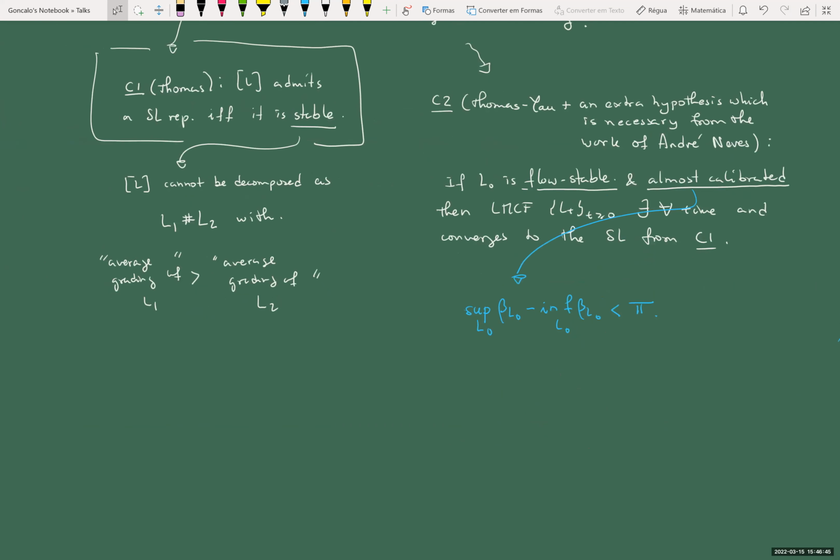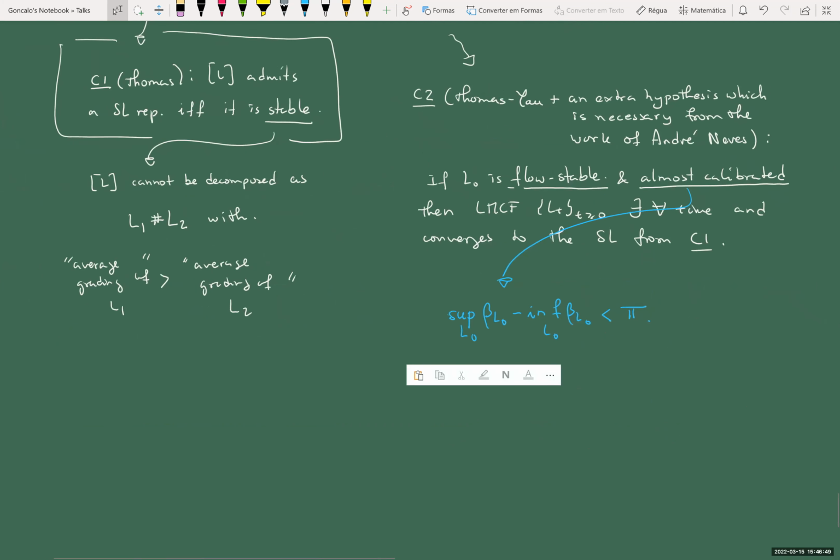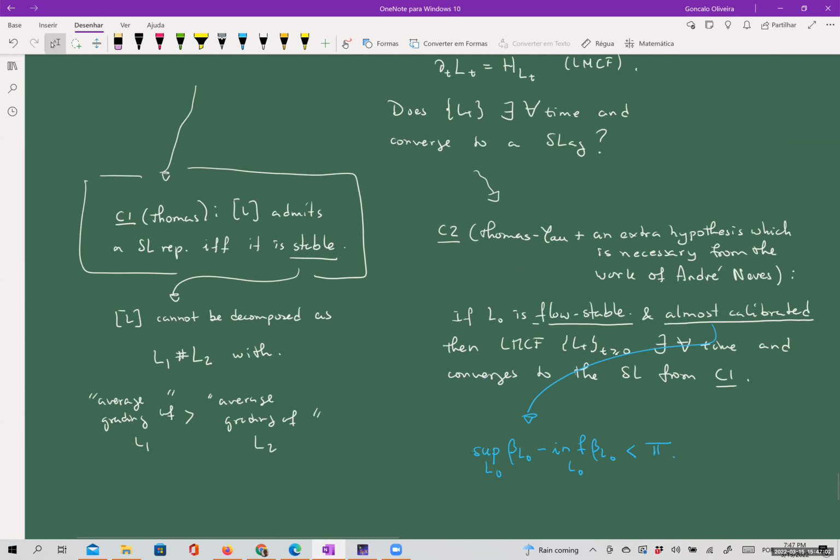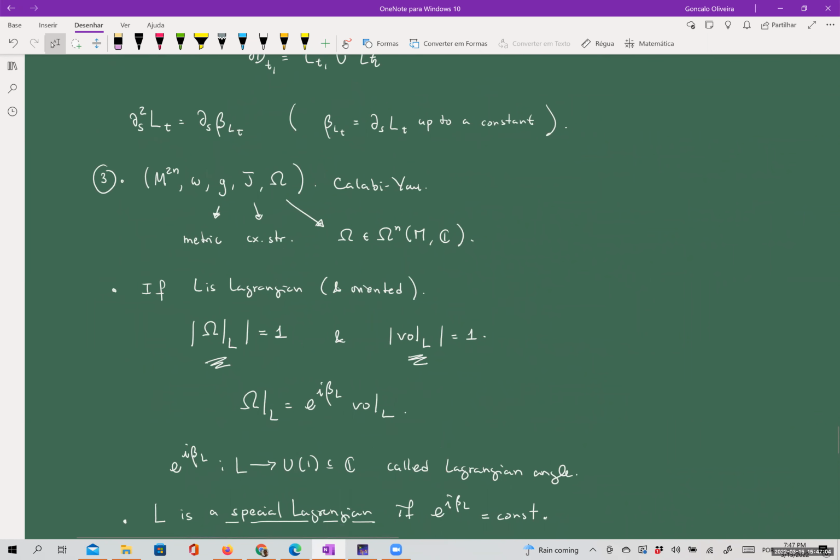Before I go there, is there any question? I'll pause here for questions. Yes, as you said, this omega n-form is closed, right? The omega is closed. So it induces a sort of calibration or something like that? Yes, it is a calibration.